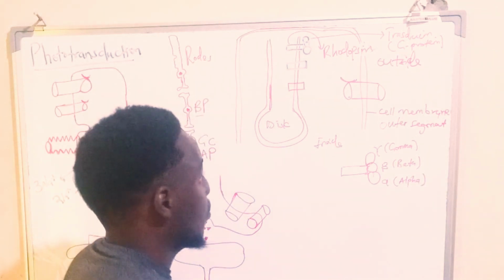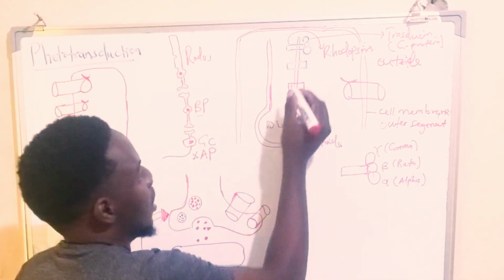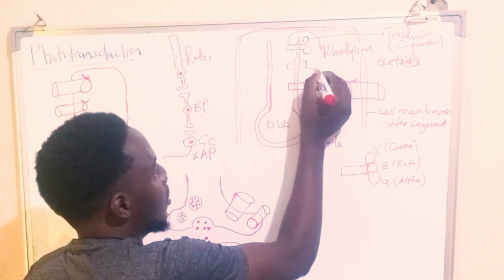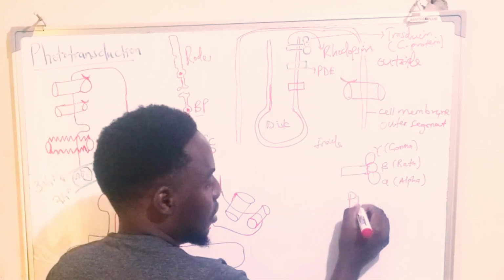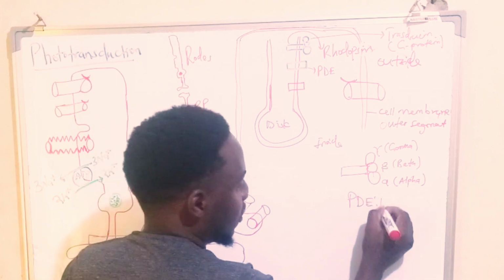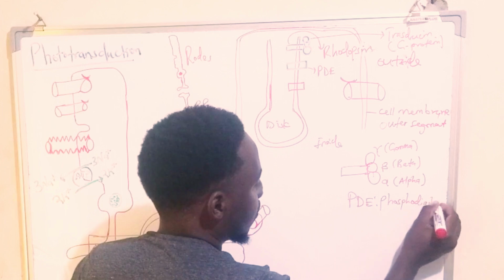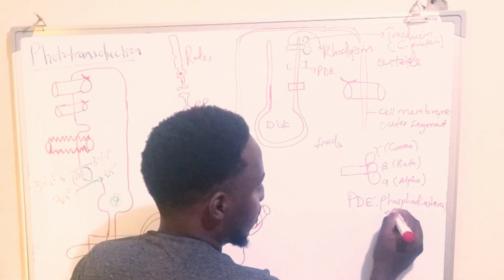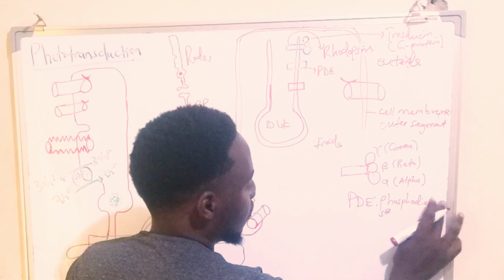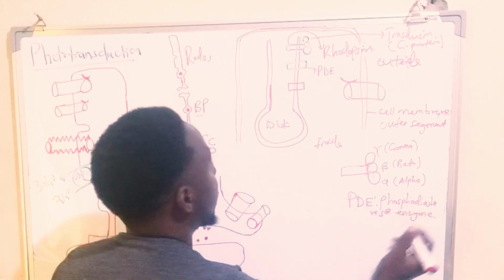The other thing you're going to find in the membrane of this membranous disc is this enzyme in green, known as PDE, phosphodiesterase.